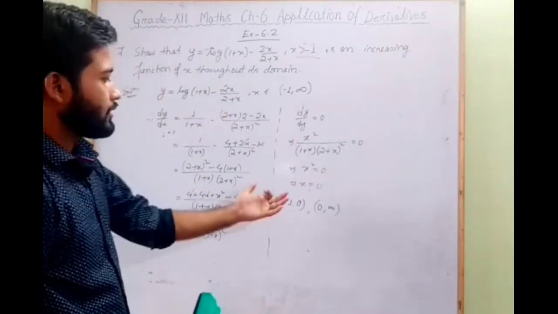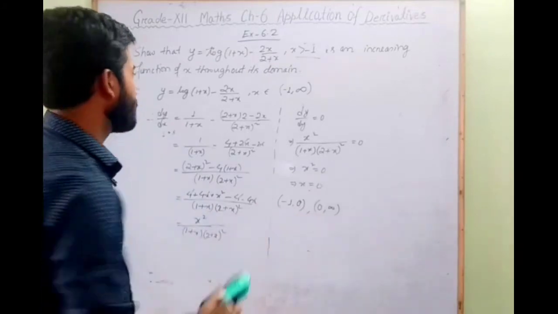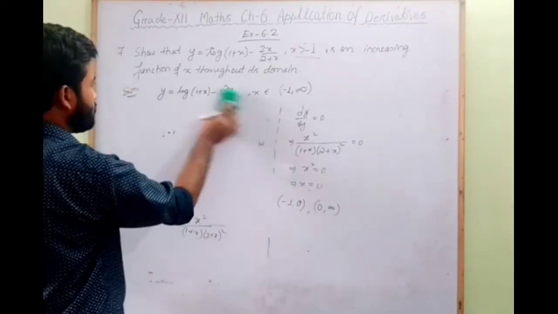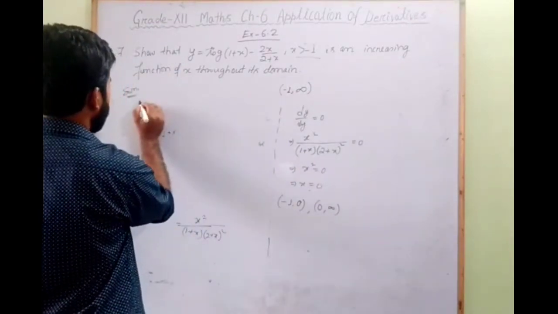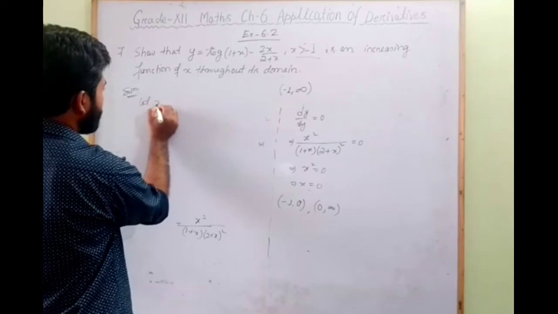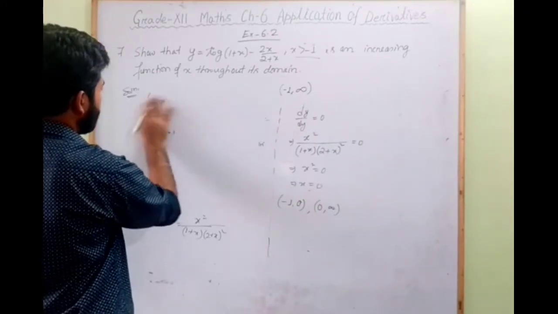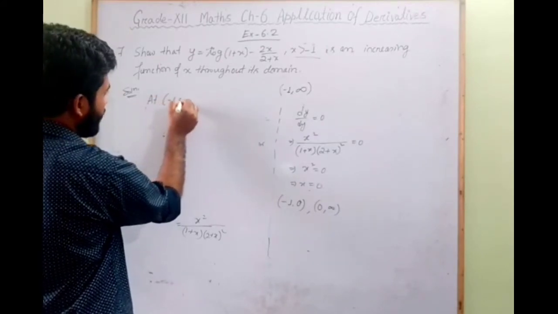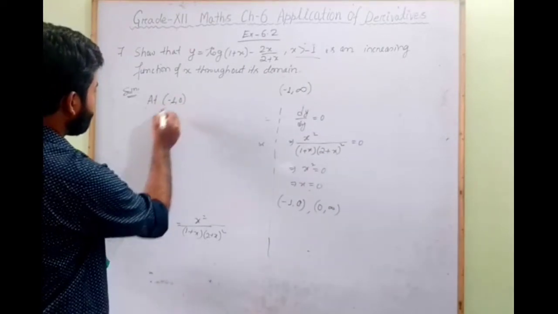So let us check the increasing and decreasing in these two intervals. Let us see what happens at -1 comma 0.